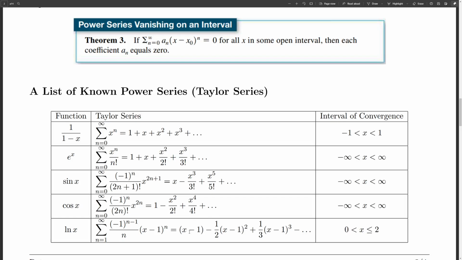So we have x minus 1. And the reason we don't center it at 0 is because ln of 0 is undefined. So again, we'll look at some examples in the next video on how we can use these known power series to derive other power series.